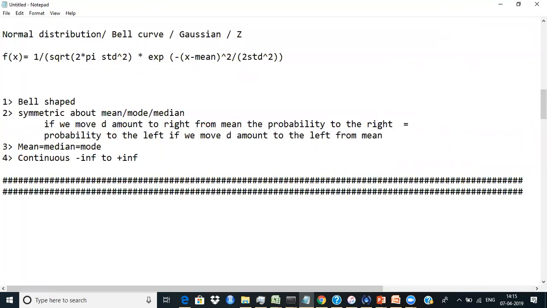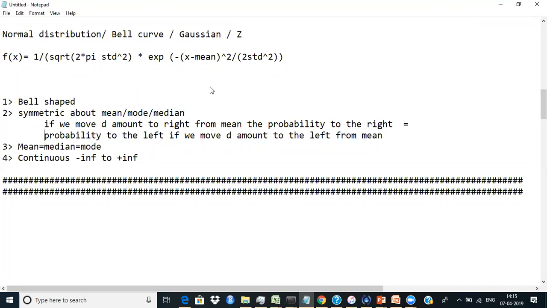Since it is symmetric, if I move D amount and calculate the area to the right, and move D amount to the left and calculate the area to the left, these will be equal. Area is nothing but probability here. When I talk about area in a probability distribution, it means probability.